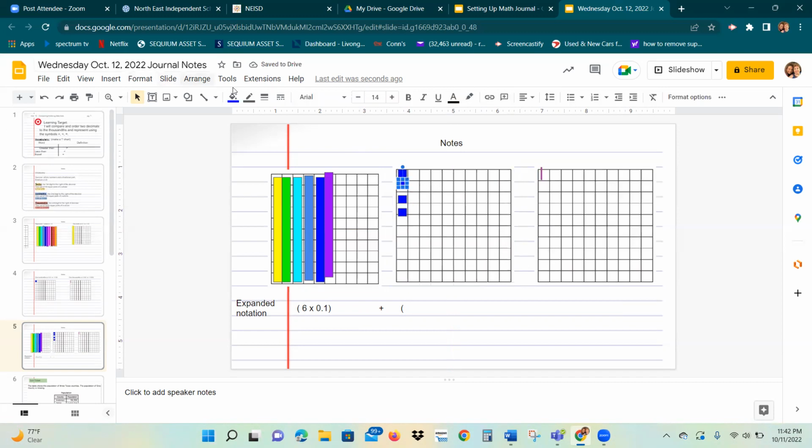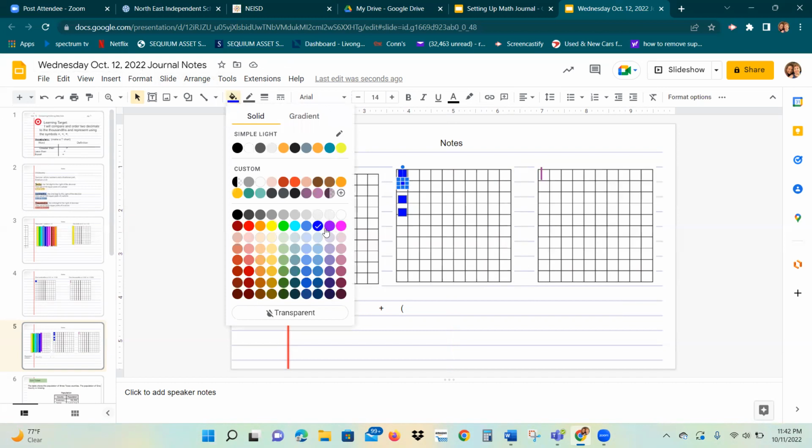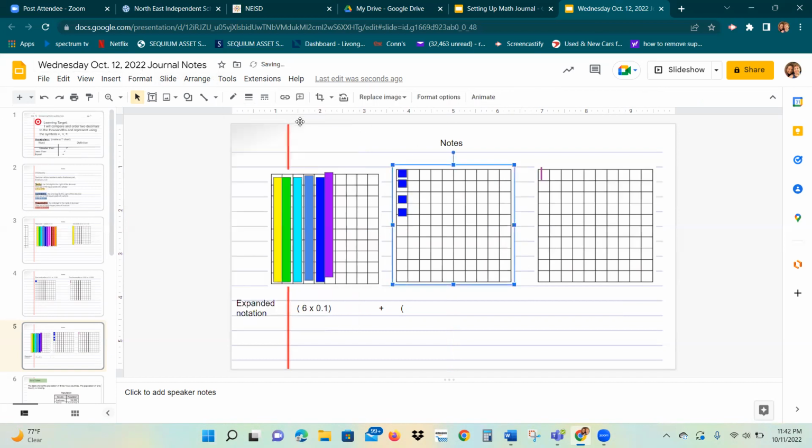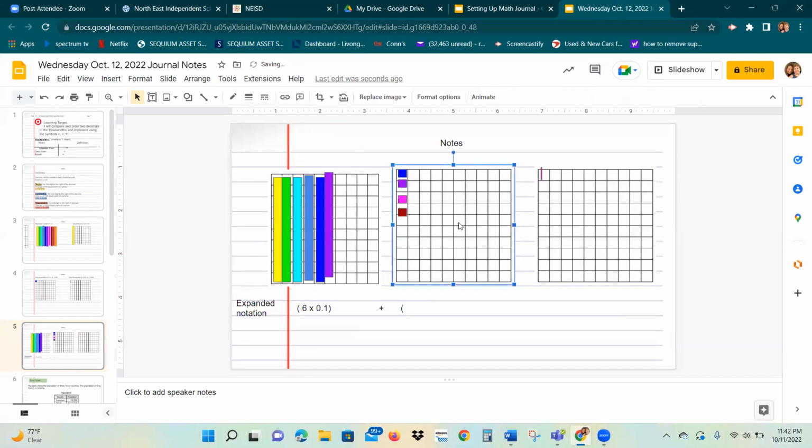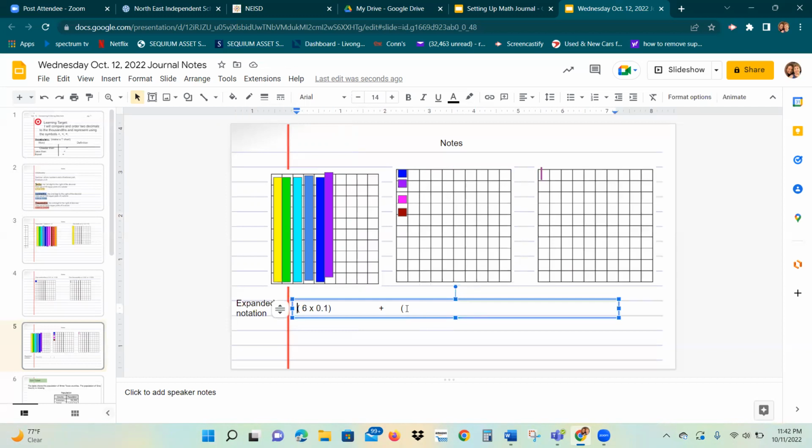I'm going to go ahead and just change those colors so that you can just see with the purple. Change that one to purple. I'm going to change this one to the pink. And I will switch this color over to this brown. Okay, so now you see 4 different colors coming back down here.